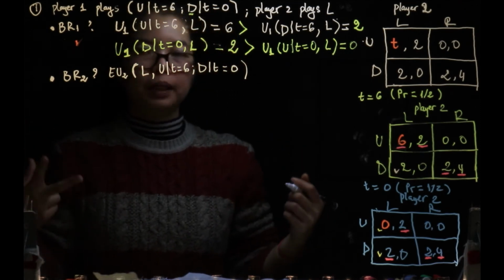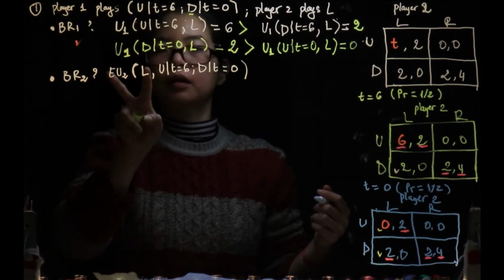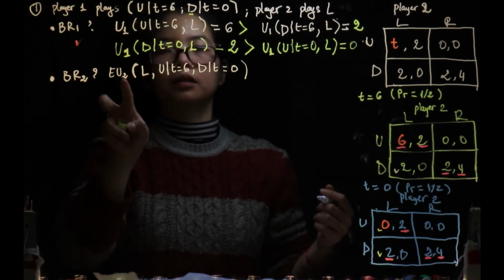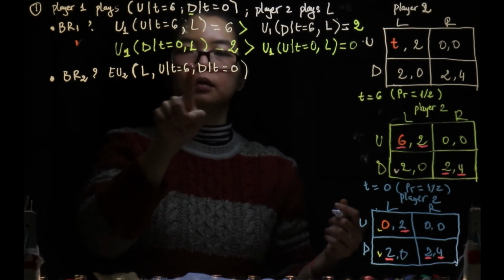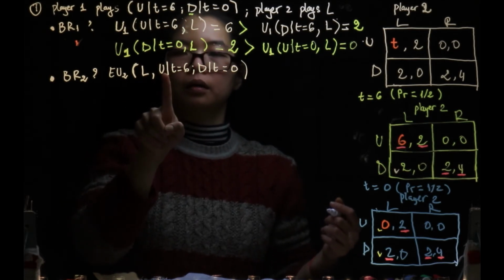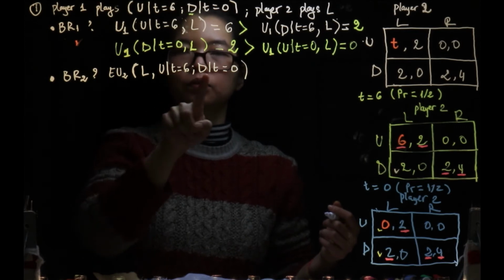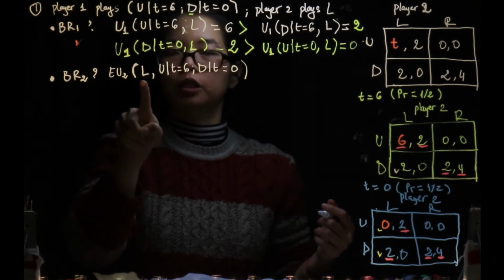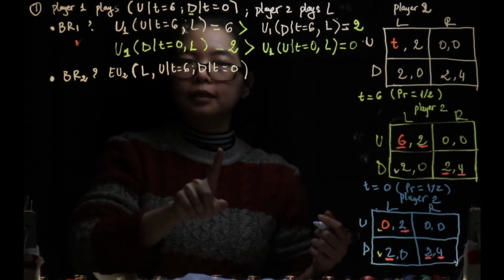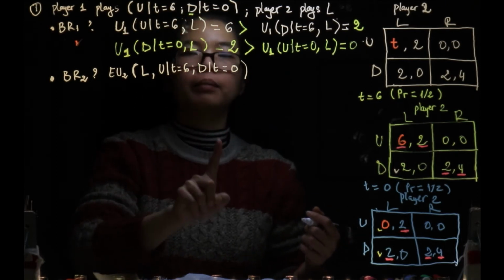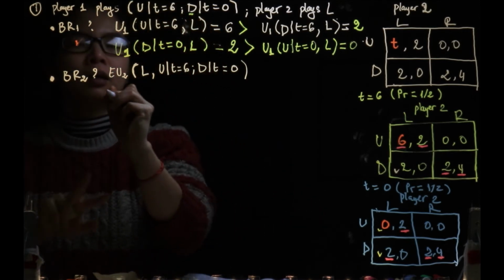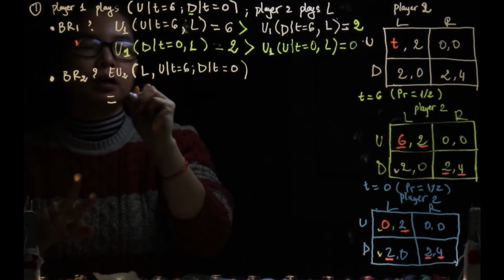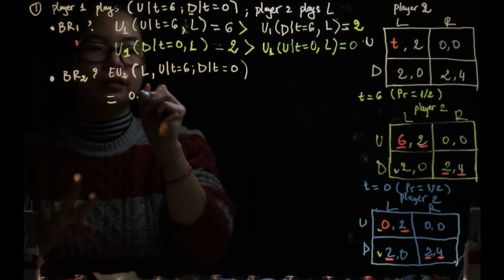It's just simply the payoff of the second player in these two types, when player 1 plays these two strategies and he plays left, weighted by the probability of each type, right? So the probability is the weight.